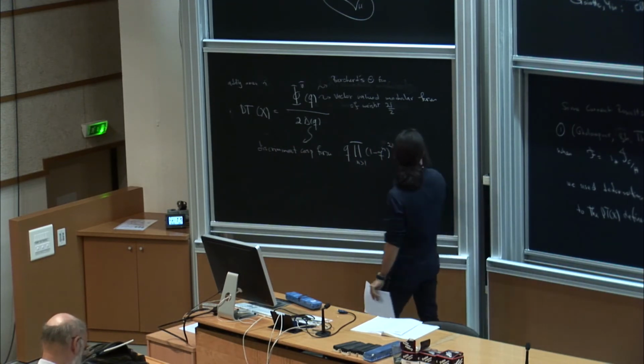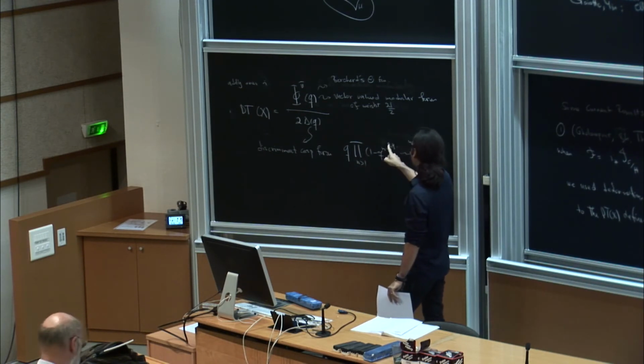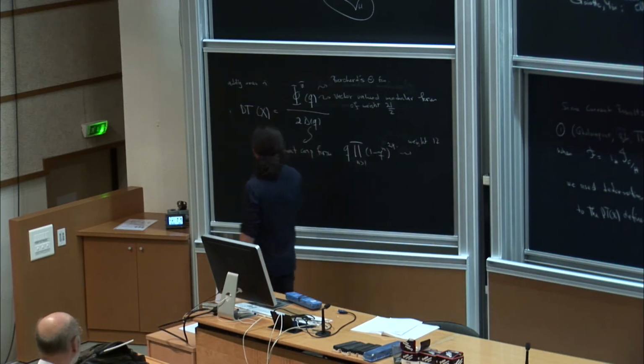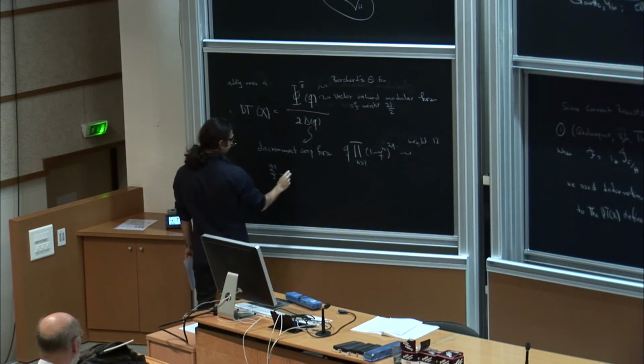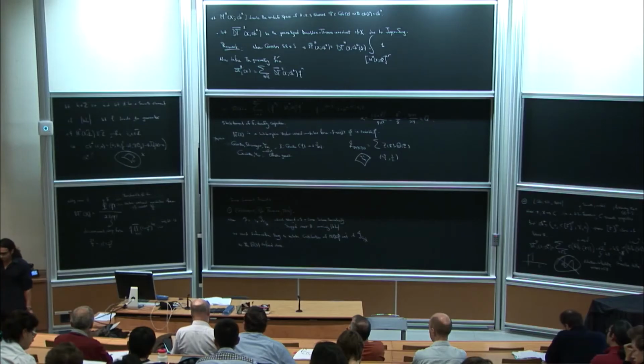The weight of this is basically 24/2, so it is weight 12. And 21/2 minus 12 is minus 3/2. So in fact, we proved completely the statement of this S-duality conjecture there, as the weight is correct.